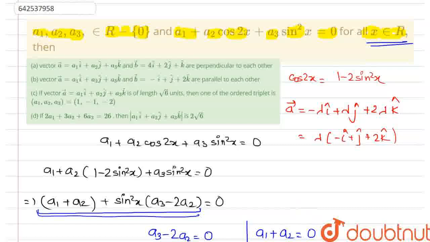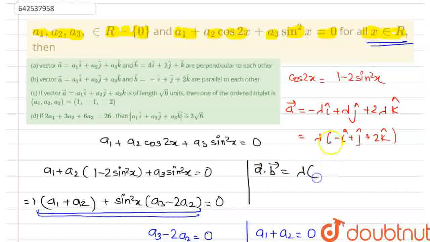Now we'll check the options one by one. Option 1 says that vector A given by this and vector B given by this are perpendicular to each other. Now we say that two vectors are perpendicular to each other when the dot product between them is equal to 0. So let us find the value of the dot product of A vector and B vector.